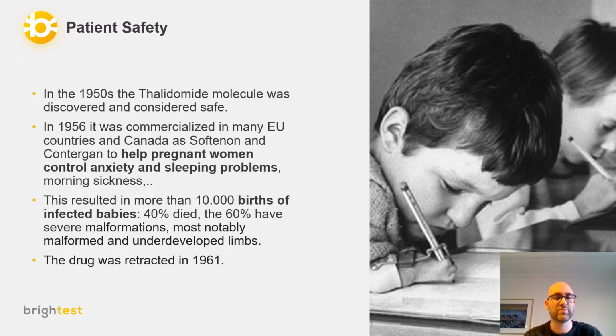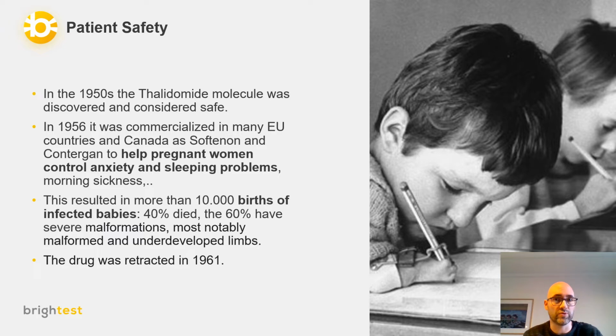The second aspect that's very important is patient safety. You want to make sure that everyone involved in medical trials and experiments is safe. Unfortunately, sometimes things go wrong. In the early 50s, the thalidomide molecule was discovered and considered safe to help pregnant women control anxiety and sleeping problems. Unfortunately, a lot of their babies had malformed arms and legs.